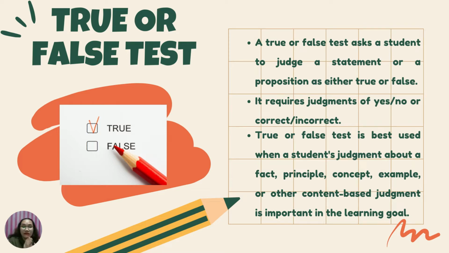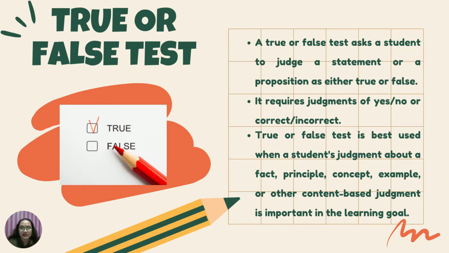While when we say false, it is either the statement or the words in the statement contain incorrect information, or there is a part in that statement that makes it false. So that's the difference between a true and false statement.